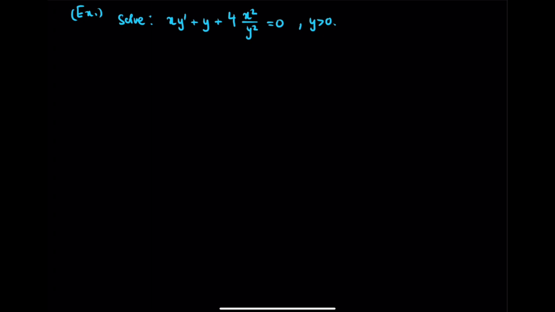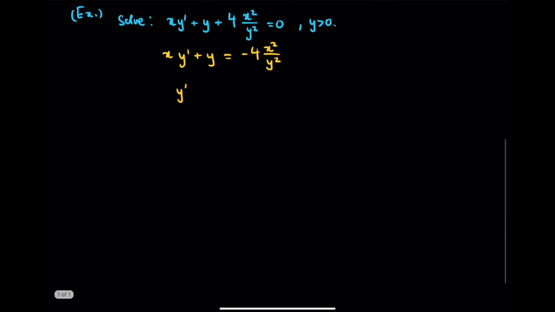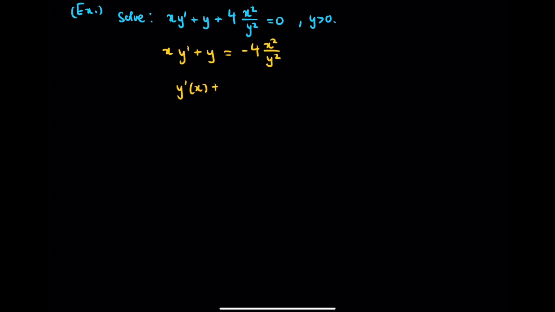So first thing we want to do is put it in the form of a Bernoulli equation. So we're going to have y prime plus y, and then I'm just going to move this term to the right side, and now I'm going to divide everything by x. And actually, let me write the y in terms of x, just to be very clear. y(x) equals minus 4, and then you would divide, so then that would just be x, and then you would have y(x) squared.